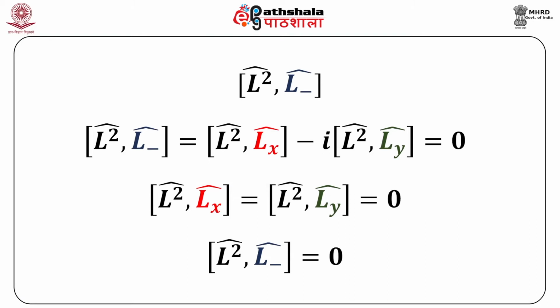Similarly, we derive the commutation relation of L square, L minus, where on substituting the value of L minus, we get the expression [L square, Lx] minus i[L square, Ly]. Again, since we know that the total angular momentum operator commutes individually with Lx and Ly, therefore again the commutator of L square, L minus becomes 0.